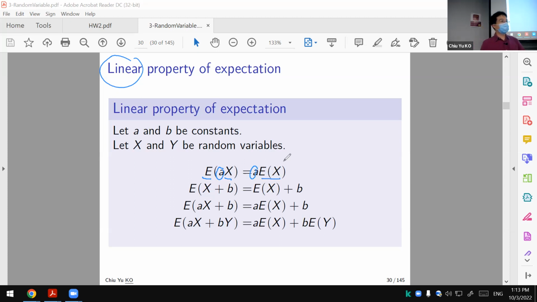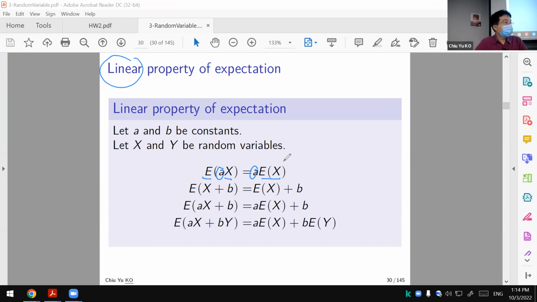And probably you would ask what I'm doing here. This is a very convenient thing that simplifies your calculation. Why? Because suppose X is the return of a particular stock for one share.